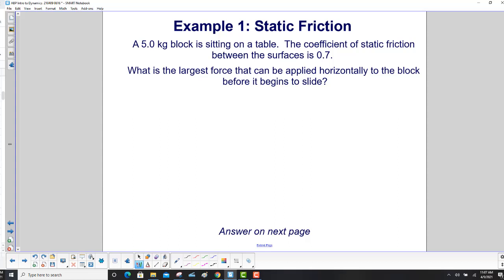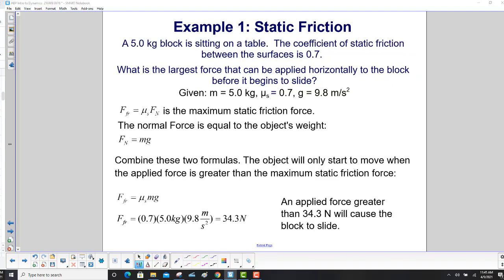A 5 kilogram block is sitting on a table. The coefficient of static friction between the surfaces is 0.7. What is the largest force that can be applied horizontally to the block before it begins to slide? The maximum static friction force is going to be μs times the normal force. The normal force is equal to the object's weight, normal force equals mg.